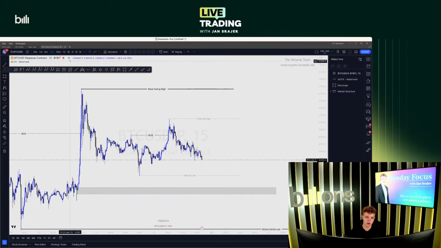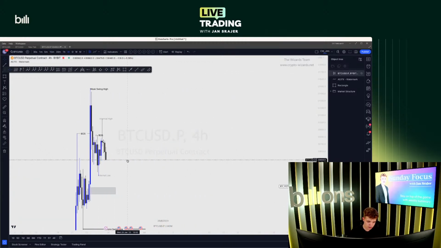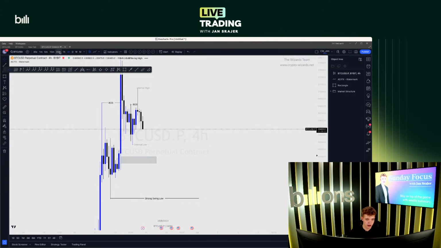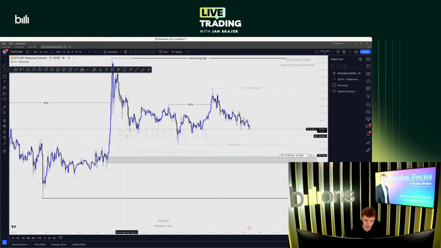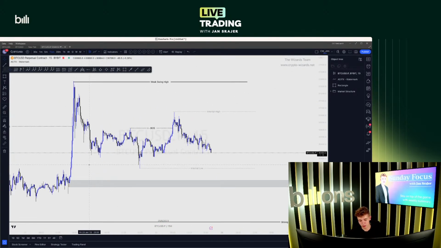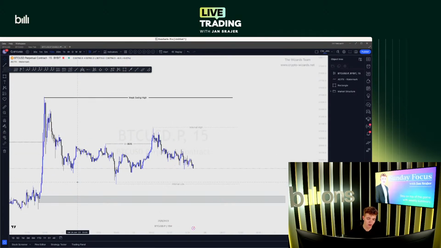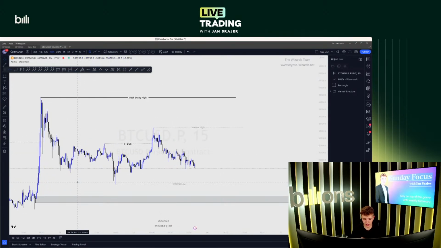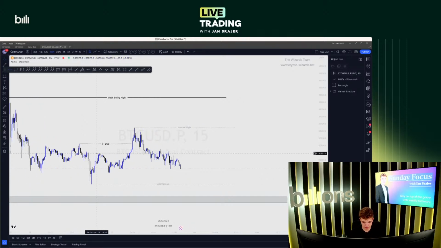And obviously you can use 4-hour zones, 1-hour zones, etc., but you can go all the way down to 15-minute and you can be really precise, not really with your entries, but with your key zones where you are potentially looking for your entry model, if that makes sense.